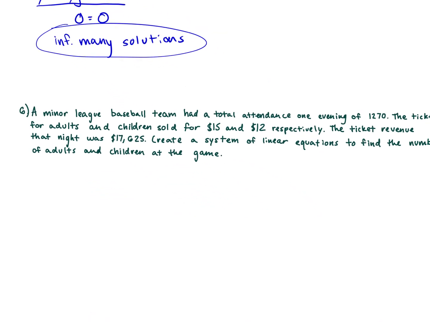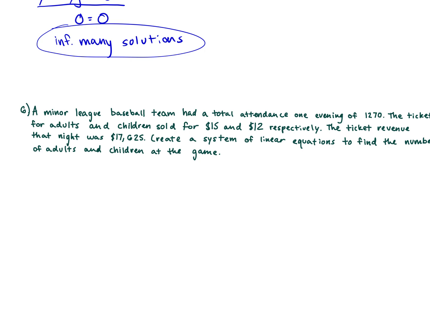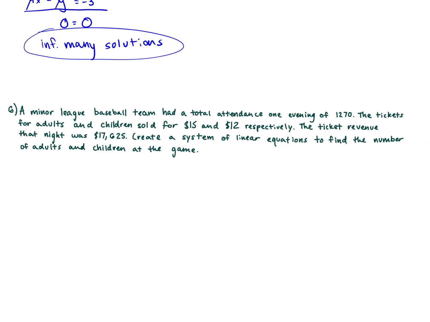All right, let's do number 6. It says a minor league baseball team had a total attendance one evening of 1,270 people. The tickets for adults and children sold for $15 and $12 respectively. The ticket revenue that night was $17,625. Create a system of linear equations to find the number of adults and children at the game. So first we want to come up with an equation for how many people we had at the game. So we had 1,270 people total.